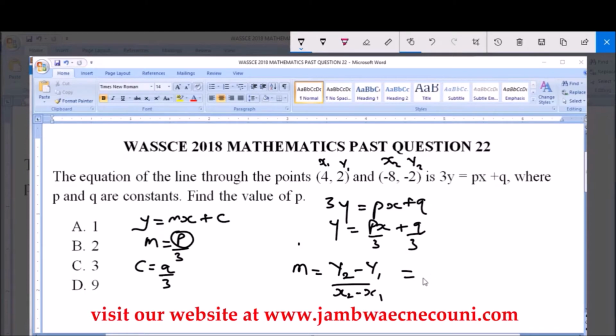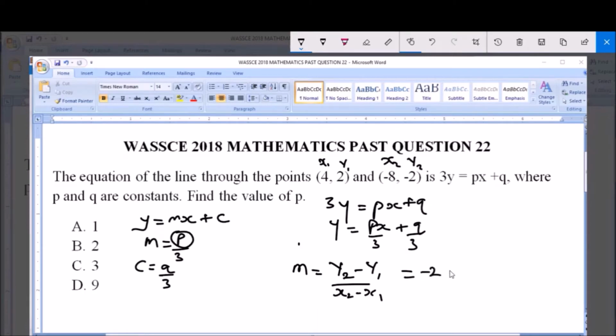So therefore we have y2 which is minus 2 minus y1 which is 2, all over x2 which is minus 8 minus x1 which is 4. So this is equal to minus 4 all over minus 12. We cancel minus with minus, 4 into 4 is 1, 4 into 12 is 3. So this is equal to 1 over 3.